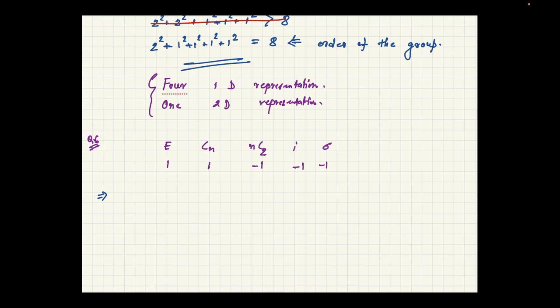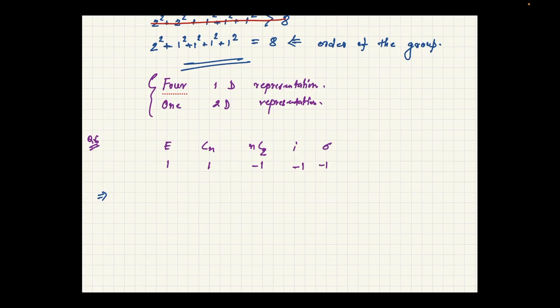That means the Mulliken symbol will start with either A or B. Now whether it is A or B, we have to look at the proper axis of symmetry. Here the character is +1, so it is symmetric with respect to the proper axis of rotation. That's why the Mulliken symbol will start with A.